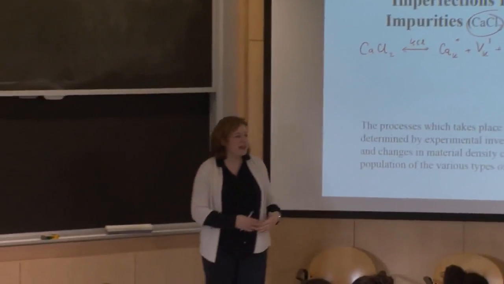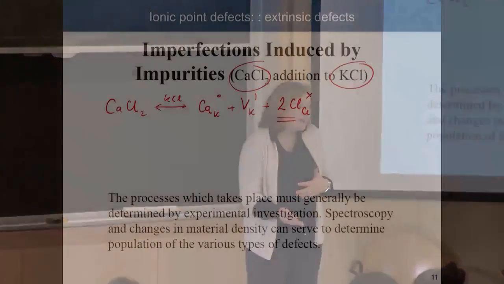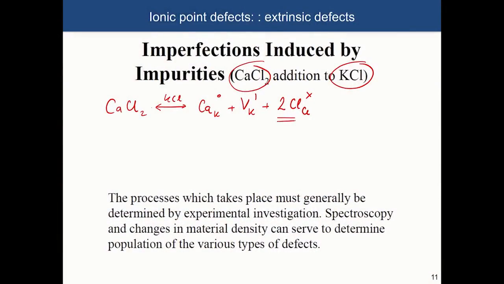It's just a substitutional chlorine in a chlorine site, and it does not change the charge neutrality. Another type of reaction that can happen in this particular case is that I can form an interstitial calcium which will carry two charges, and it will then as a consequence form two vacancies, potassium vacancies.